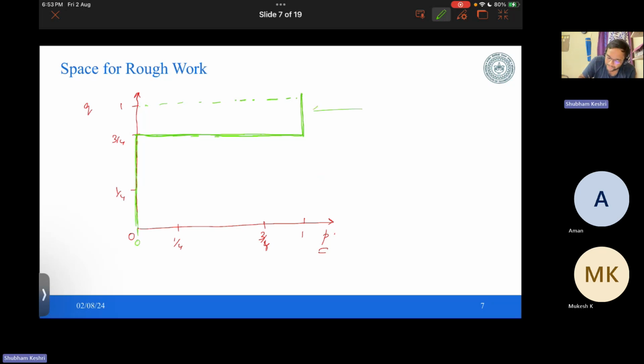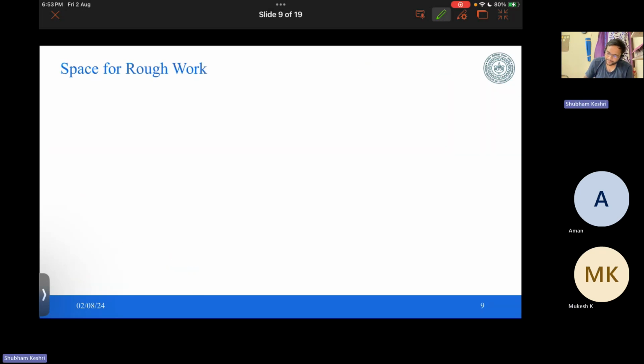This line depicts the best response of the boy. Whatever value you give, you can obtain the best response of the boy. We'll come back to this when we talk about the best response of the girl. Any doubt in this diagram or graph? No, I'm clear.